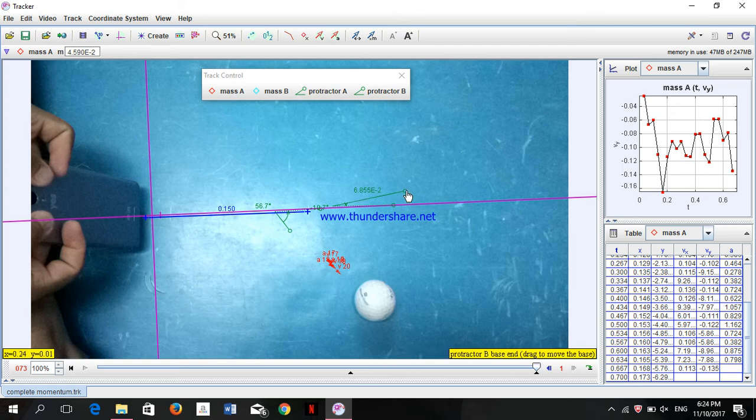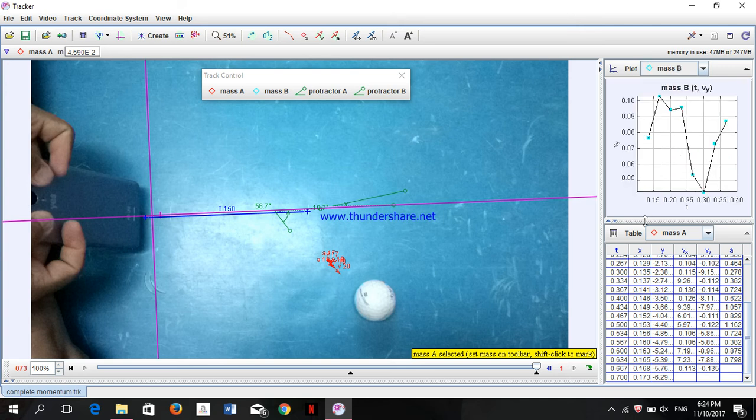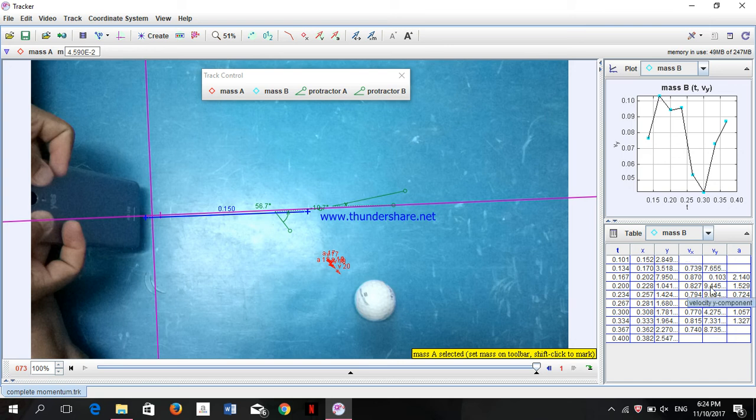And for ball B, the initial velocity is 0, and after the collision, it moved at an angle of 10.7 degrees, and the velocity of the X component is 0.74, and the velocity of the Y component is 8.735.